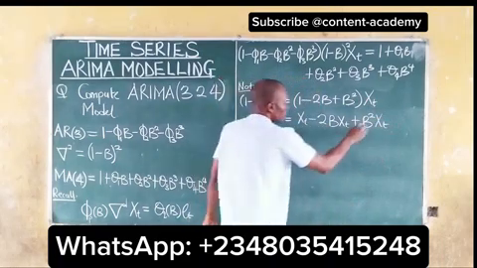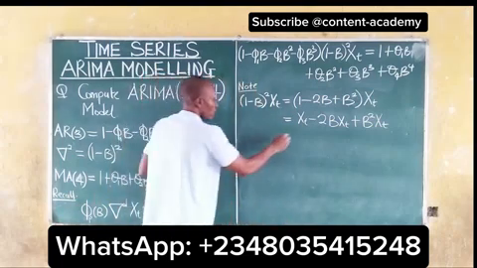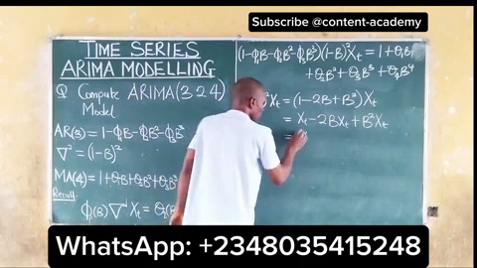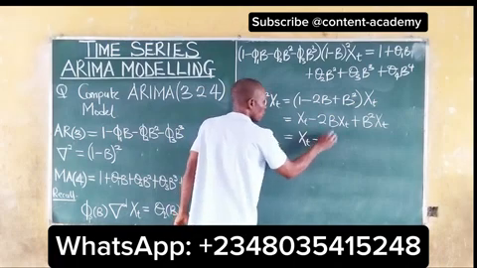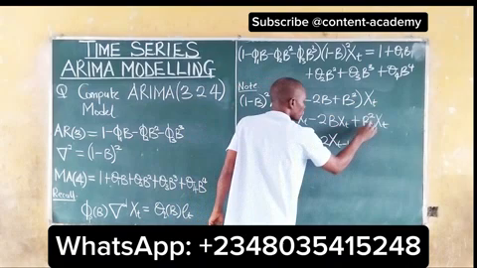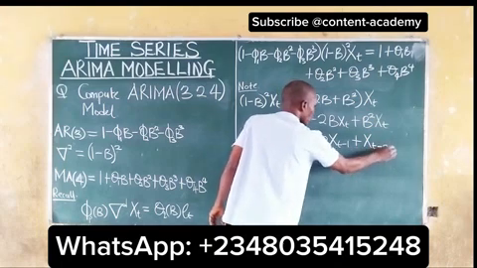We have already talked about how we can compute the backward shift in our previous lesson. Now we have this to be equal to Xt minus 2 Xt minus 1, because of the backward shift, plus, because of the backward shift raised to the power of 2, Xt minus 2.